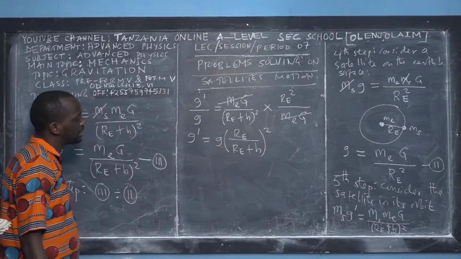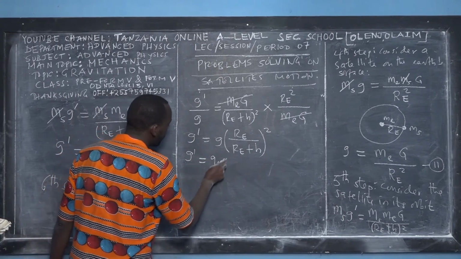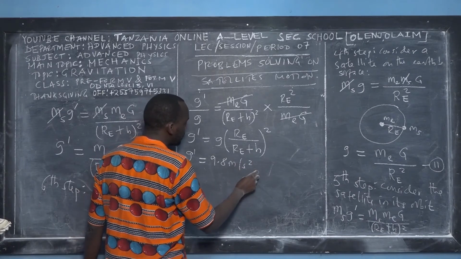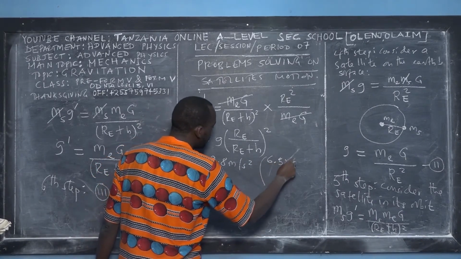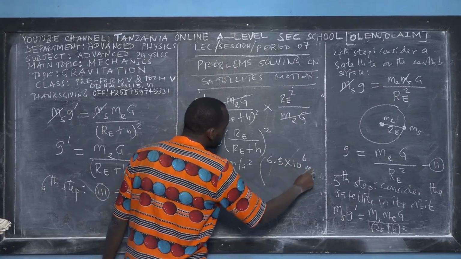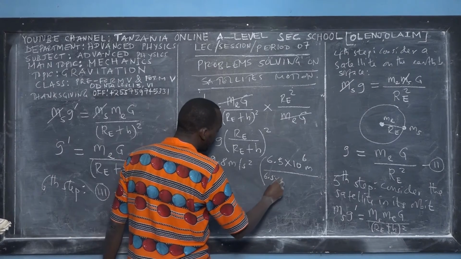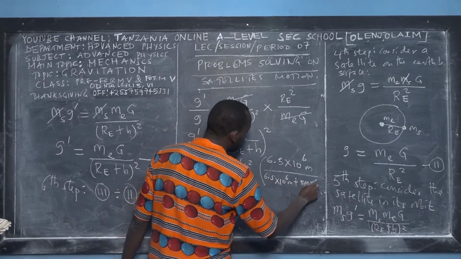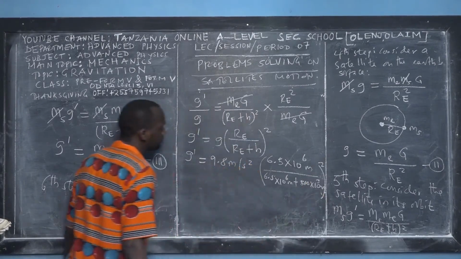Right? So you see that now we can do our computation by using the constants. This g is 9.8 meters per second squared, and then we have to multiply by 6.5 times 10 to the power 6 meters divided by 6.5 times 10 to the power 6 meters plus 500 times 10 to the power 3 meters, and then squared.